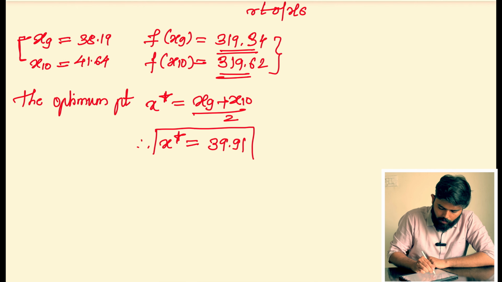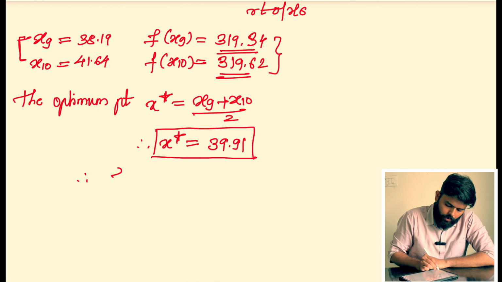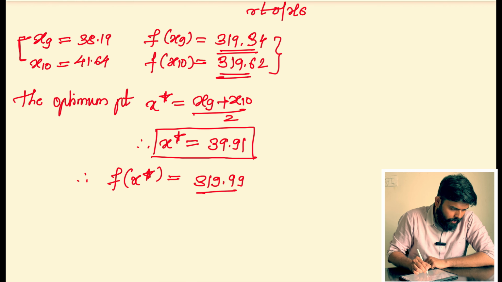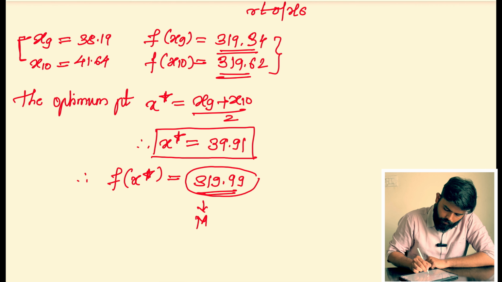So we have found the optimum point, and if we put this value in the given function, the value of f of x star is 319.99. Okay, so this is the maximum value.